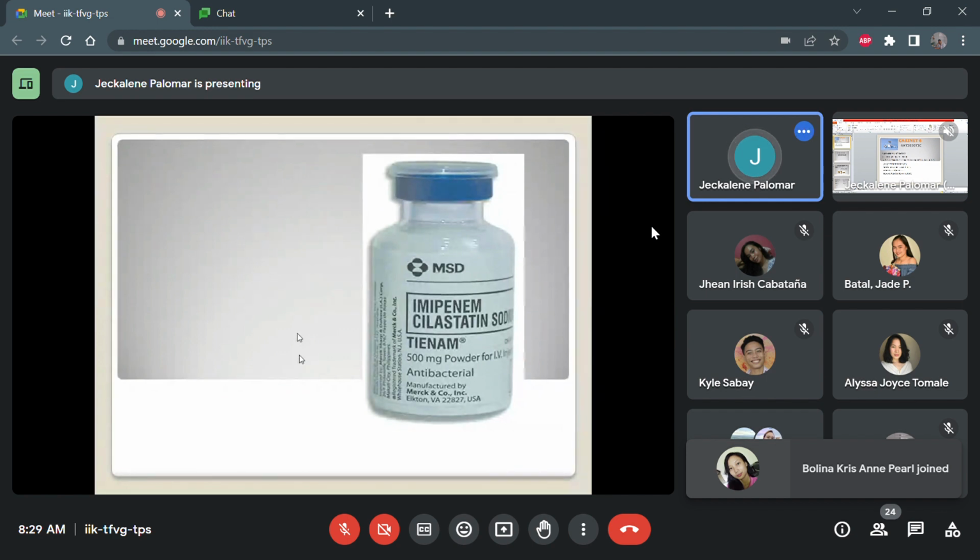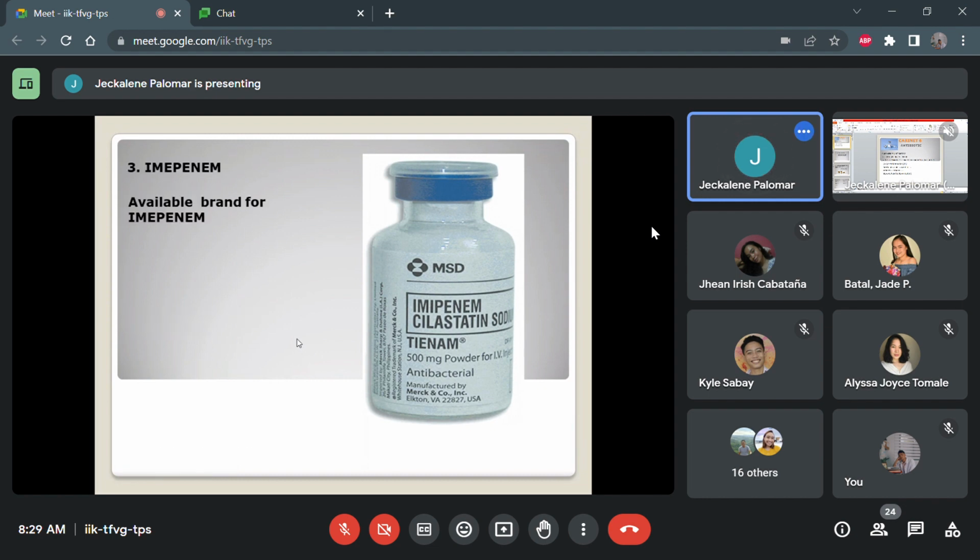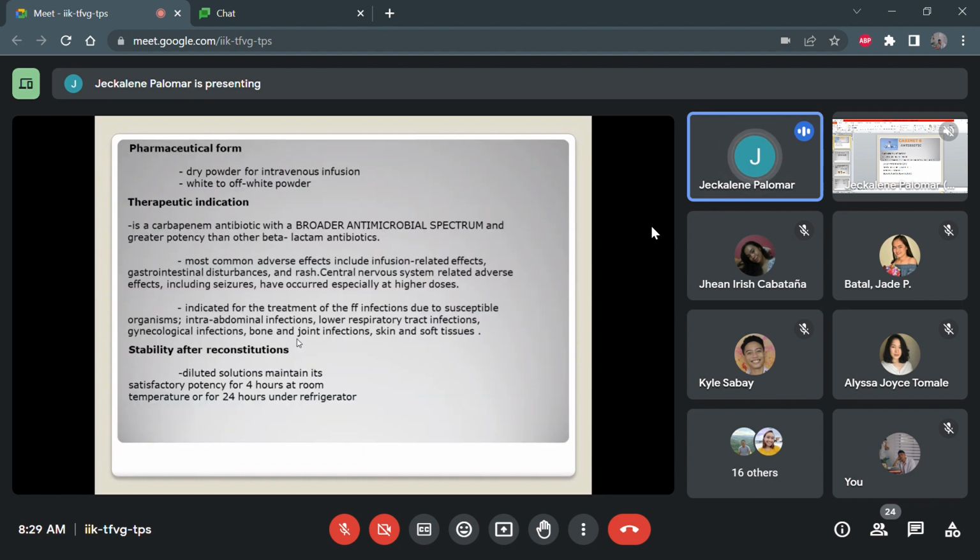So the next, the third one, is imipenem cilastatin. The available brand for imipenem is Tienam 500 milligram vial. This is also a brand available in the pharmacy. The pharmaceutical form is a dry powder for intravenous infusion, a white powder.